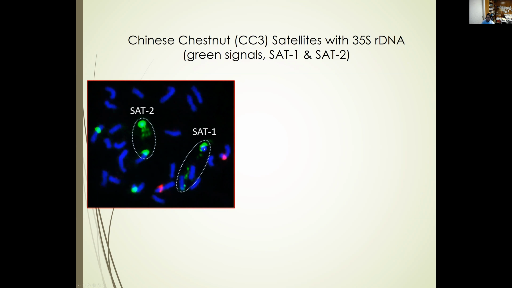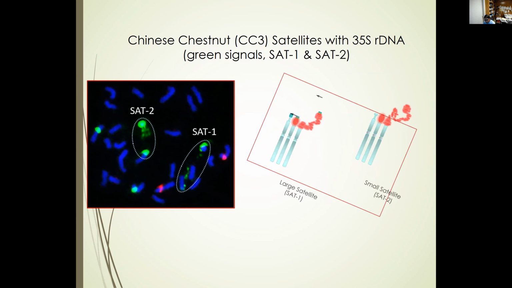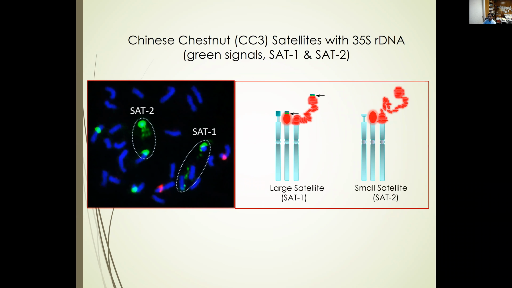Then we went back to study the prophase chromosome, to see the organizational features of the satellite. This drawing shows that we also identified a second 5S locus in Chinese chestnut. This is just an illustration of what happens in prophase or early metaphase, when it has a heavy mass of segment that can easily separate from the mother chromosome.